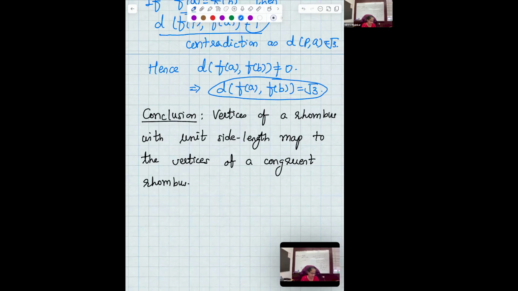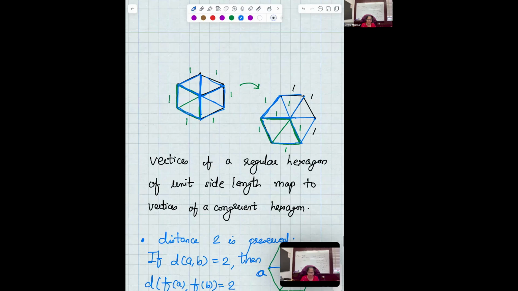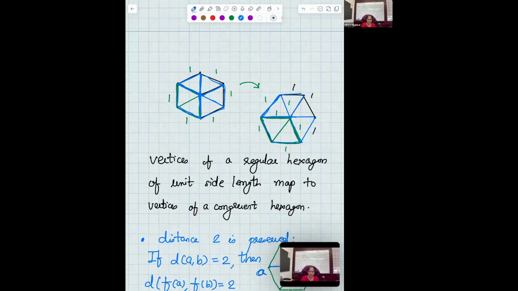So the conclusion of what we just proved is that the vertices of a rhombus with unit side length map to vertices of a congruent rhombus. That's what we showed. Using those rhombi, one can show that vertices of a regular hexagon with unit side length are also mapped to vertices of a congruent hexagon, because you can place all these rhombi side by side.